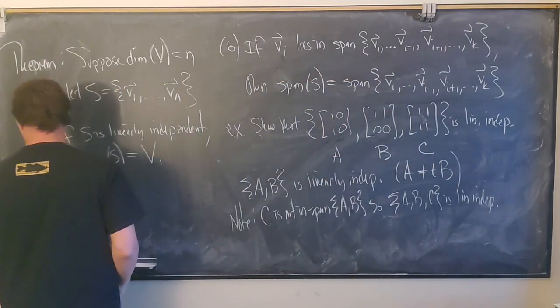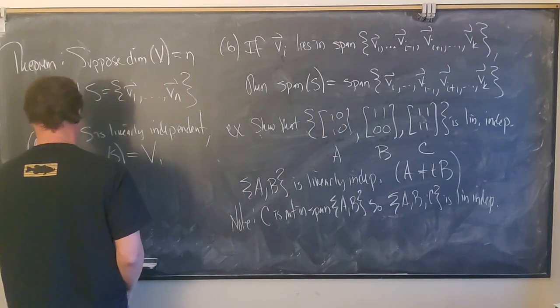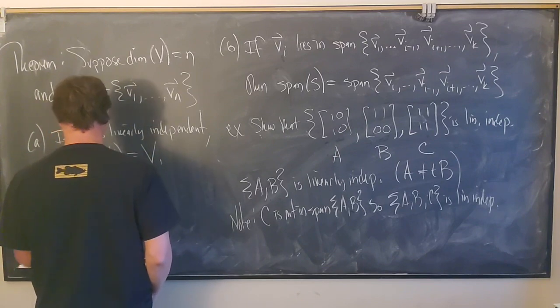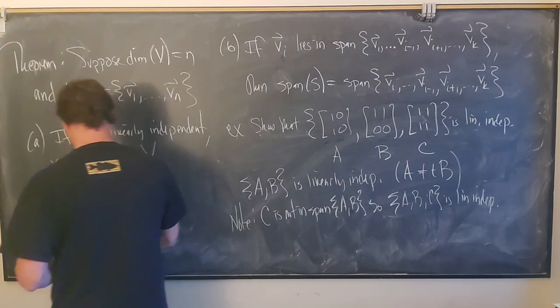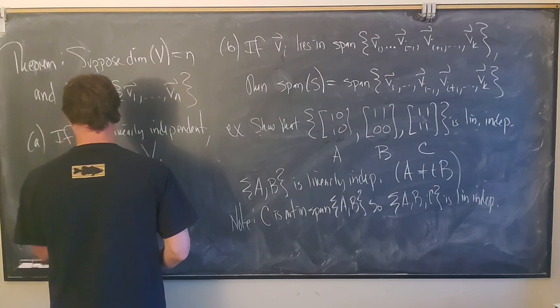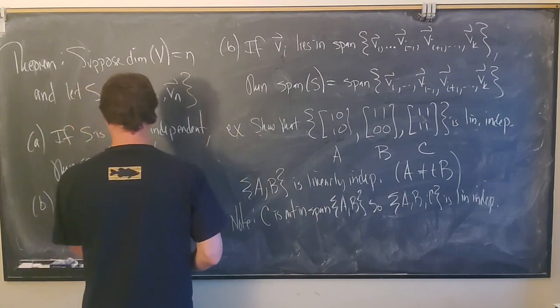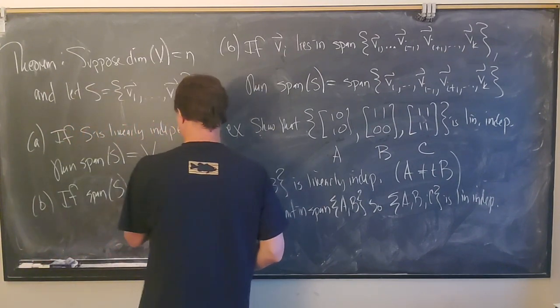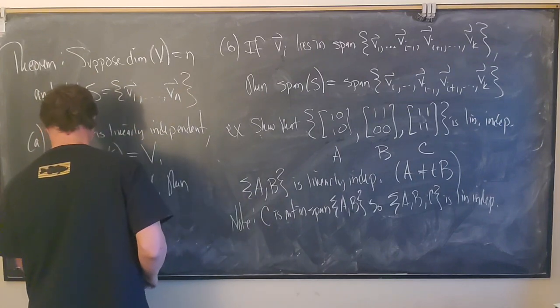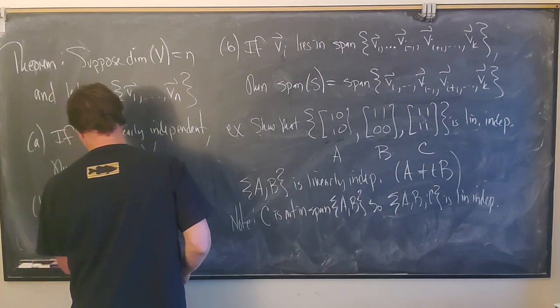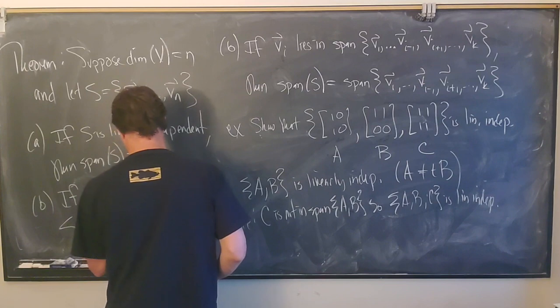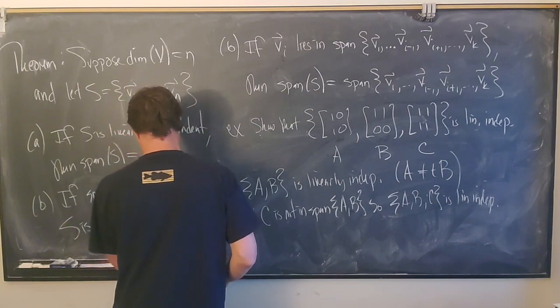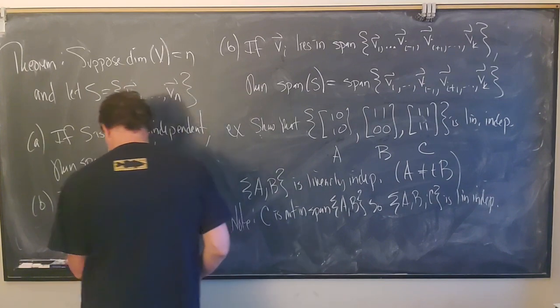Part B: if the span of S is equal to V, then S is linearly independent. So, what is this telling us?